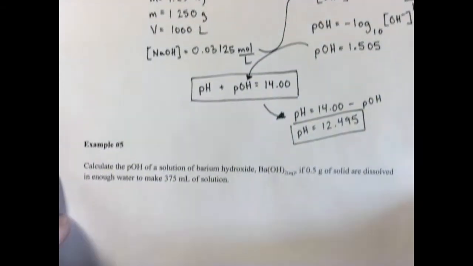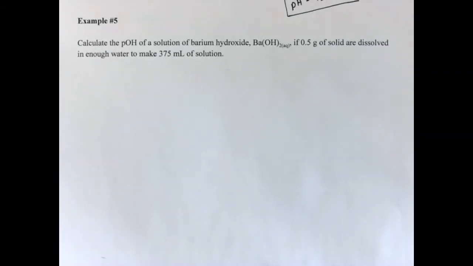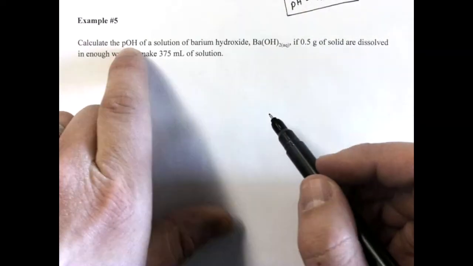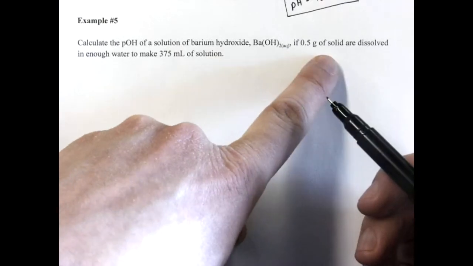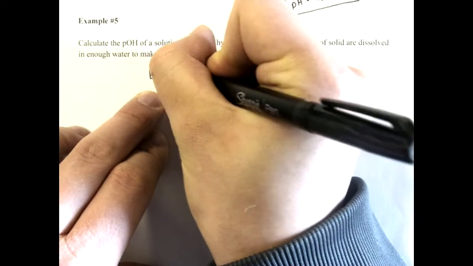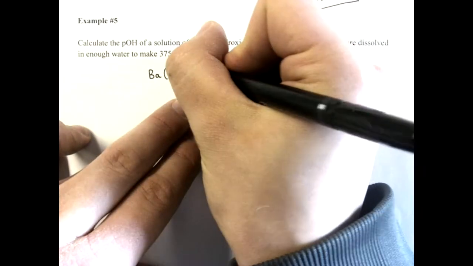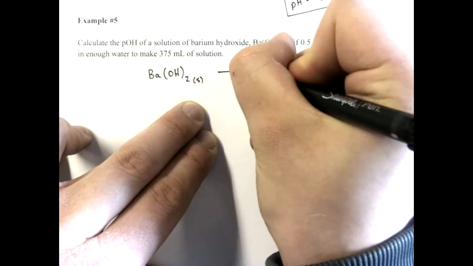All right, last example is example 5. This one has just an extra wrinkle in it, but we're only being asked to solve for the pOH of a solution of barium hydroxide. So let's go ahead and figure that one out. The nice thing about this one is we're going to find the wrinkle right away.